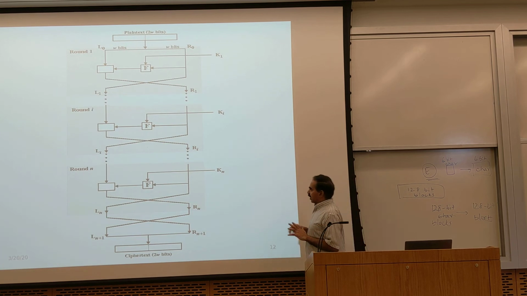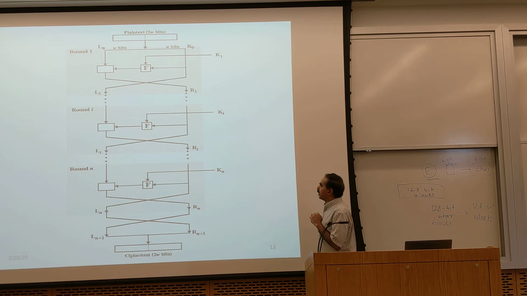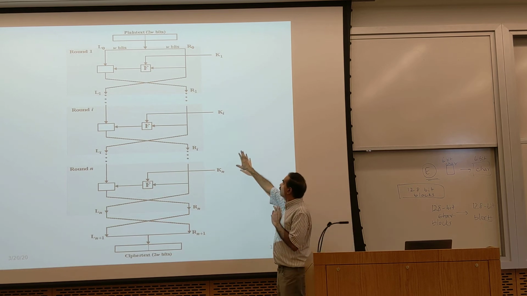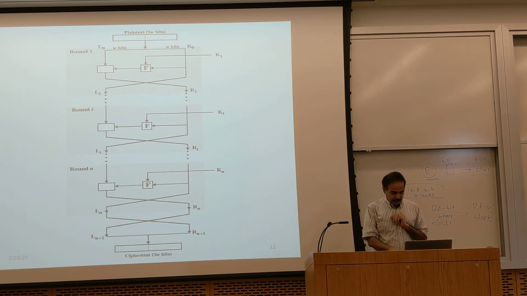You don't really need to understand a whole lot of detail over here, but the main point I want to convey is that essentially you have to go through many rounds of this kind of simple permutation in order to achieve your final answer.